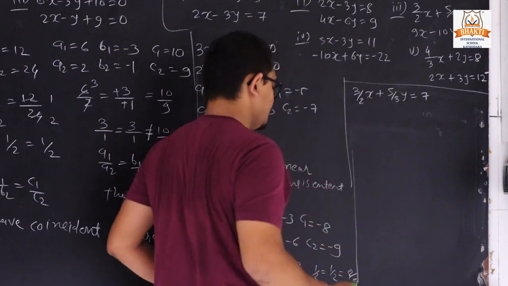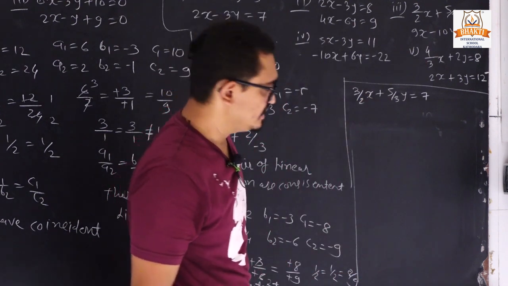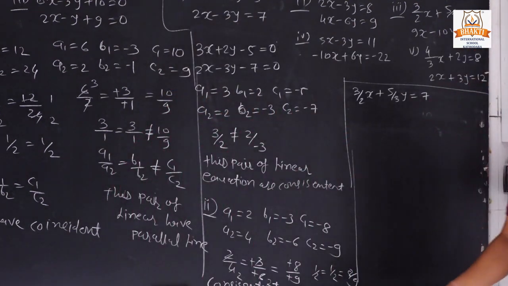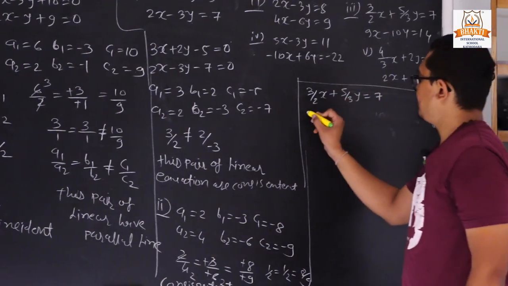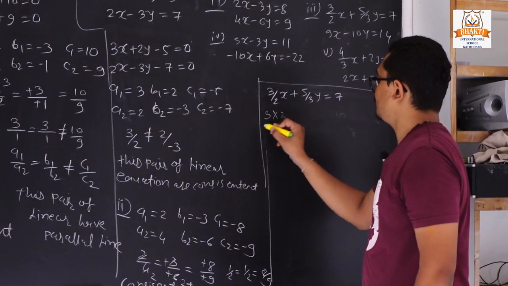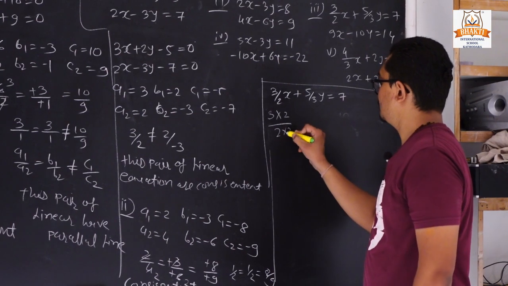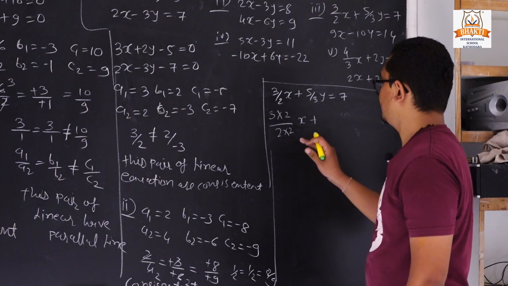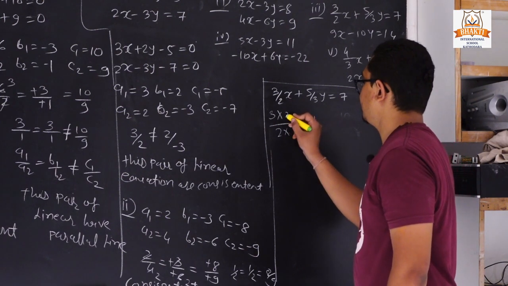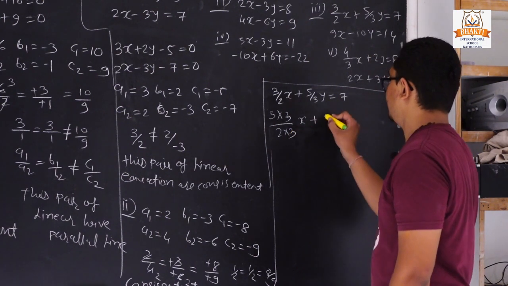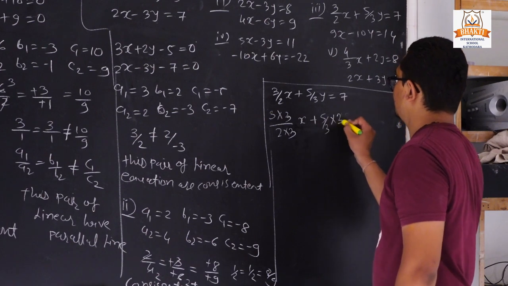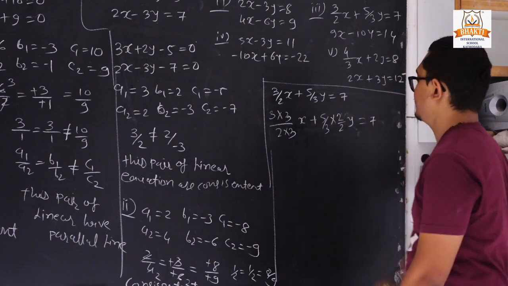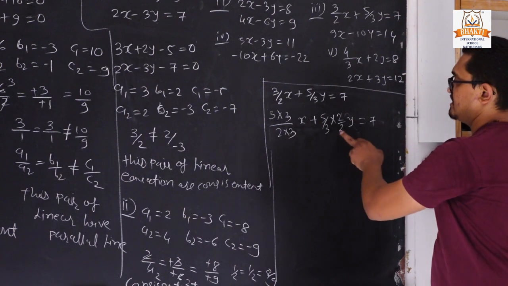So 3 and 2, so we have 6 as our LCM. Clear? So here we are multiplying with 3, and here for 5 by 3, we multiply with 2, so 2y is equal to 7. Now see that 6 is our LCM.